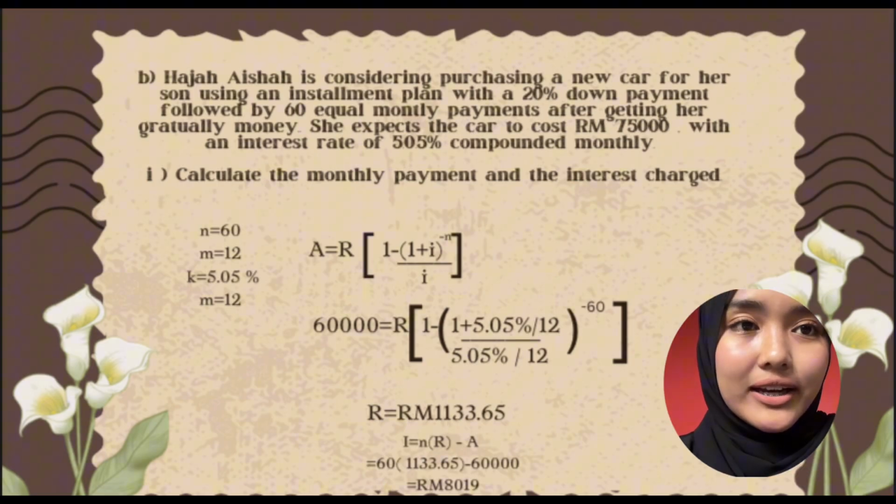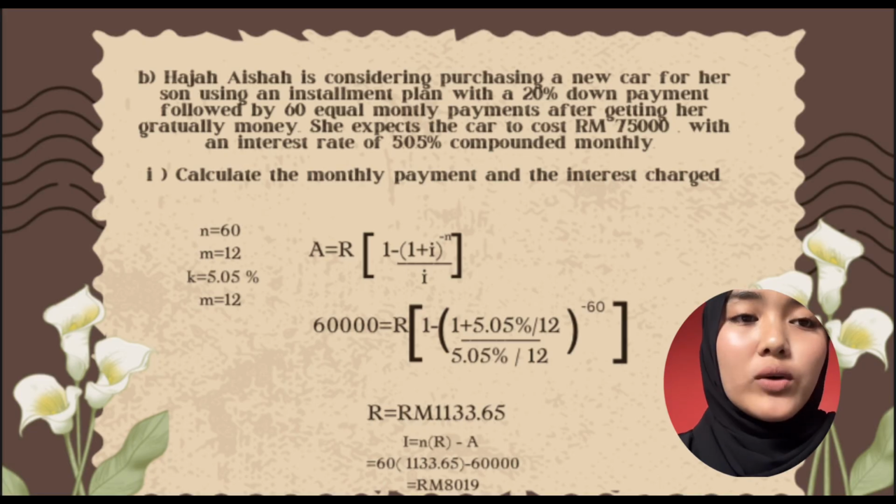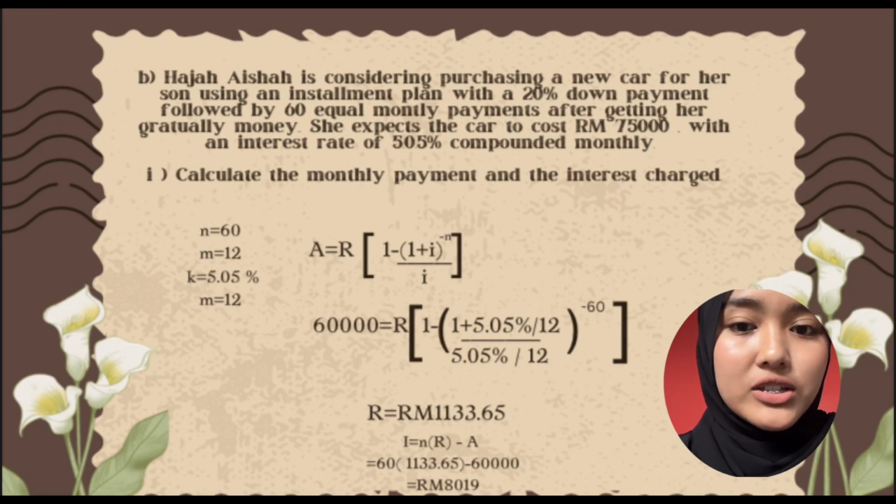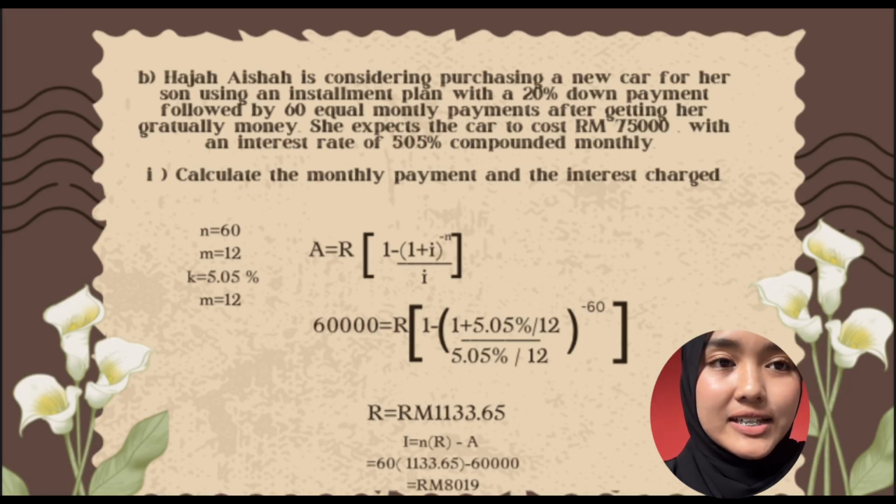Calculate all in the calculator, and we got the answer 1,133.65. And use the interest formula. n is 60 and R is 1,133.65. Minus 60k equals 8,019.